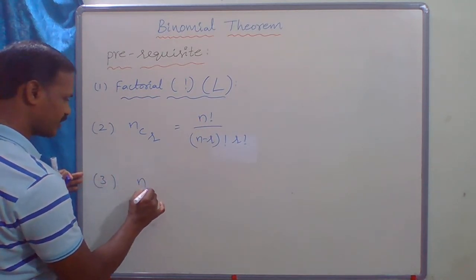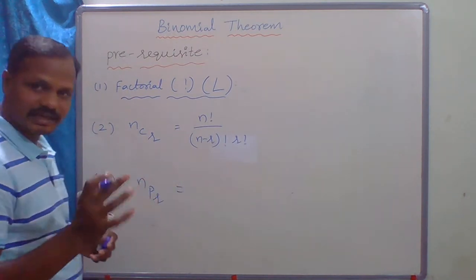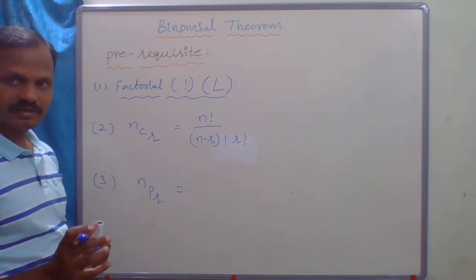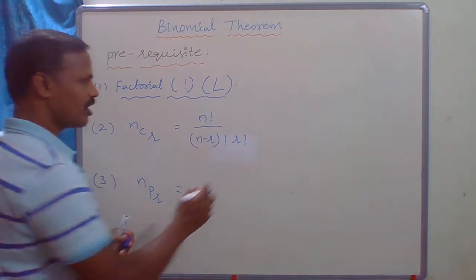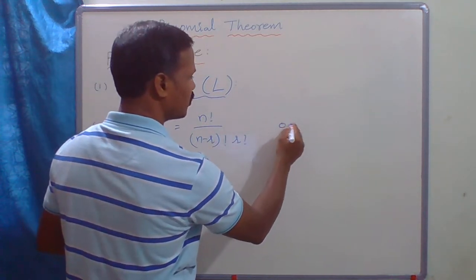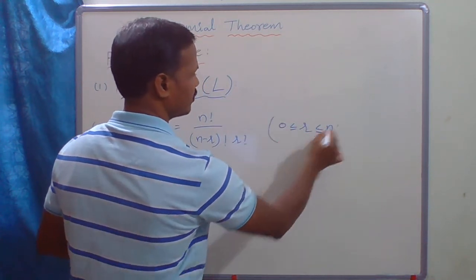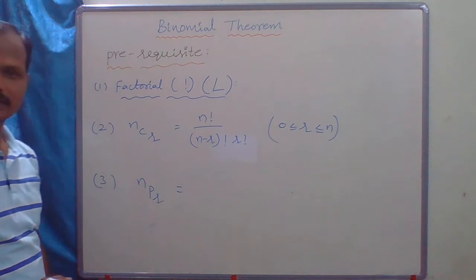So NPR. Here you are selecting r objects from n dissimilar objects, so obviously 0 less than or equal to r less than or equal to n.